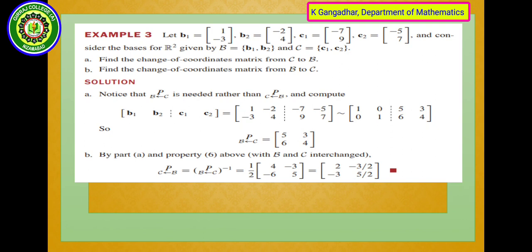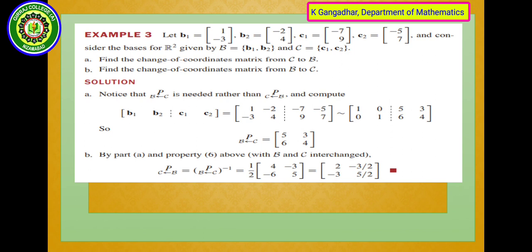For the C to B matrix, we write [b1 b2 c1 c2]. The b1 b2 part is reduced to the unit matrix 1 0 0 1 form, and the same operations are applied to c1 c2, giving the vectors (5, 6) and (3, 4). So P from C to B is the matrix with columns (5, 6) and (3, 4), that is, the matrix 5 3 over 6 4.